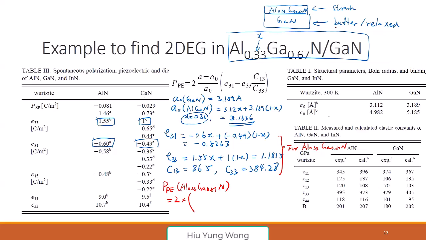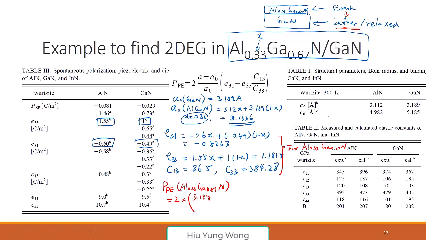Remember, this is relaxed. Look at this system. This is relaxed, so the aluminum gallium nitride is trying to match the bottom. So what is its lattice constant at this moment? The same as gallium nitride. Right, so what is that? 3.18.